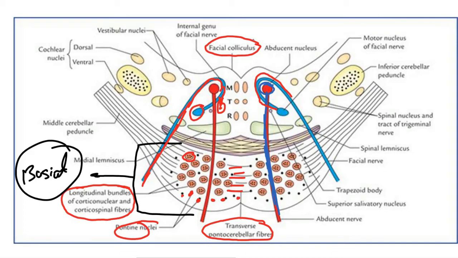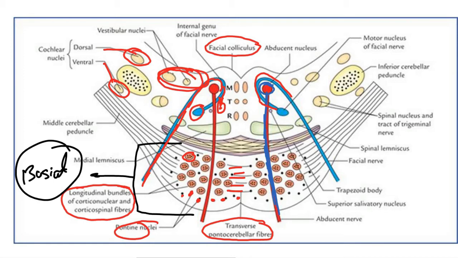Now the eighth cranial nerve. Here we are seeing the sixth and seventh, and the eighth cranial nerve is the vestibulocochlear nerve. This is the ventral and this is the dorsal cochlear nuclei, and here we will have the group of the vestibular nuclei.